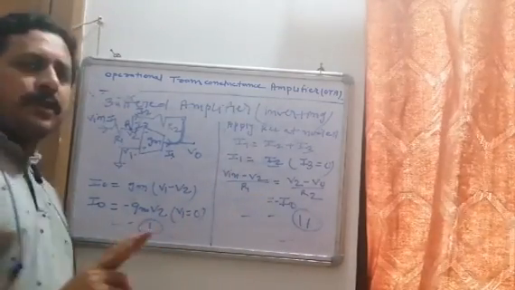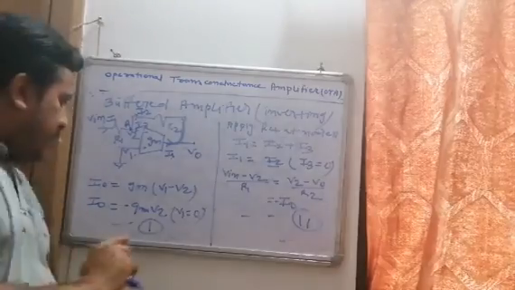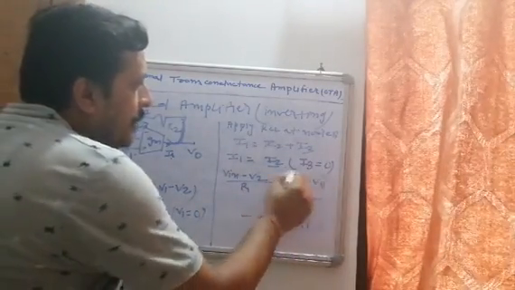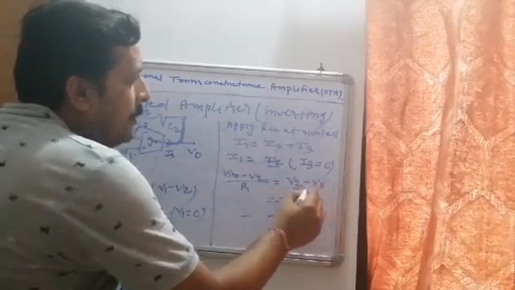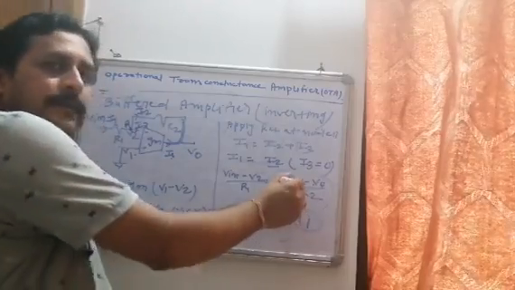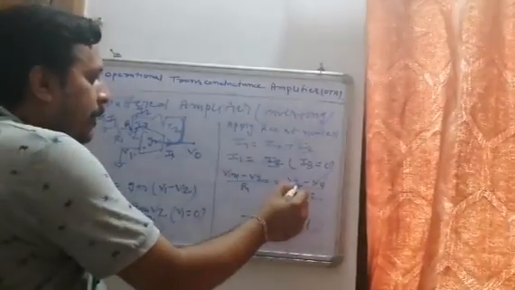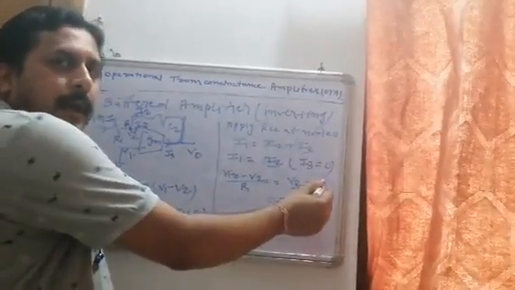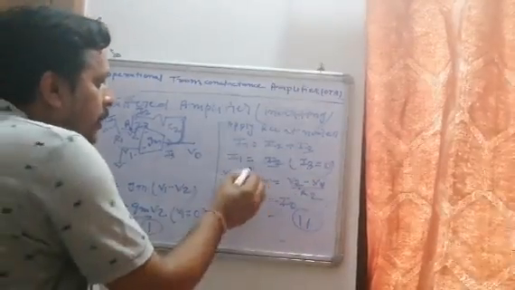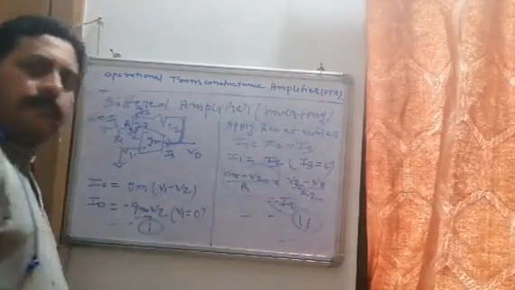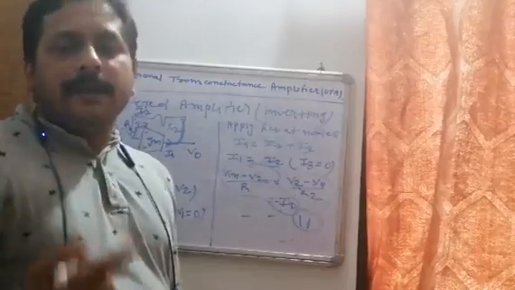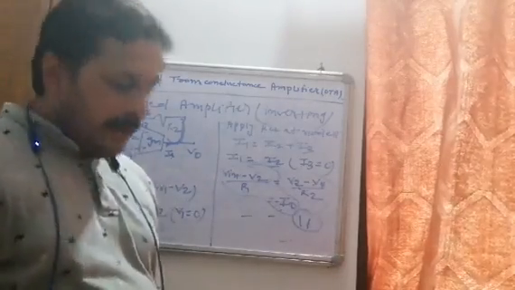With the help of these two equations you can easily solve. I am just giving you some hints. First use this expression, V2 minus V naught divided by R2 is equal to minus I naught, and equate. From here we can find the value of V2 in terms of V naught, and put the value of V2 in terms of V naught in this equation, and we can find the value of V naught by V in, that is called voltage gain.